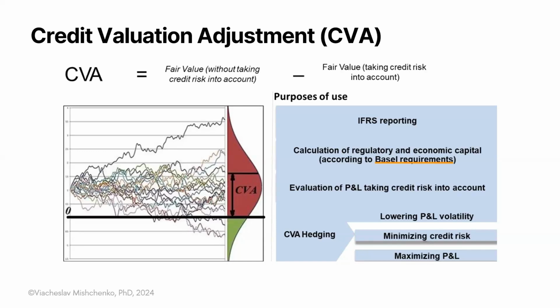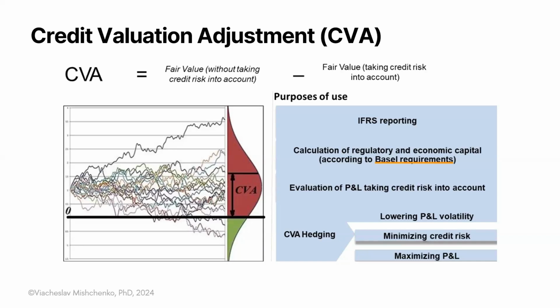It is really the difference between the risk-free portfolio value and the true portfolio value that considers counterparty credit risk. CVA also serves multiple purposes. For example, it may be used in international financial reporting standards, in regulatory reporting, in economic capital calculations, and even in front office pricing and hedging decisions.